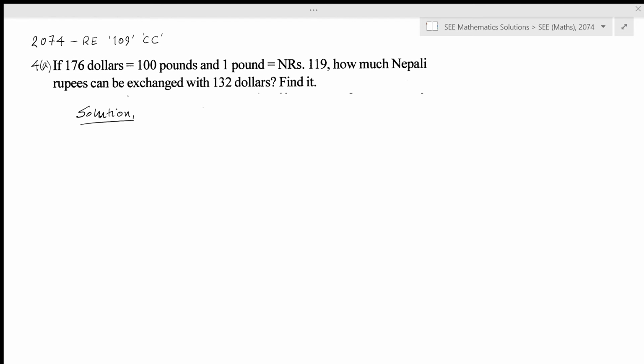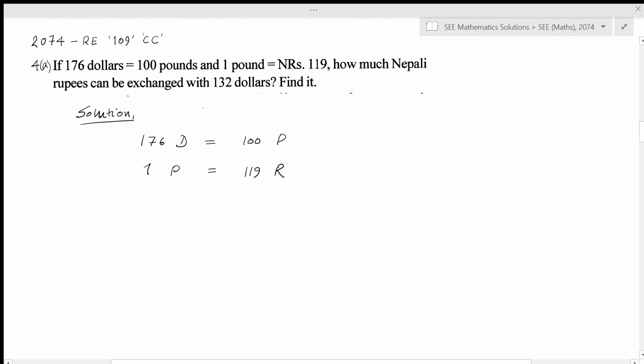Let's see for this one, and I'll write D for dollars, P for pound, and N or R for Nepalese rupees. So we have $176 is equal to 100 pounds, right? Now we have pound on the right hand side, so we write the unit pound on the left hand side. So 1 pound is equal to 119 rupees, right?